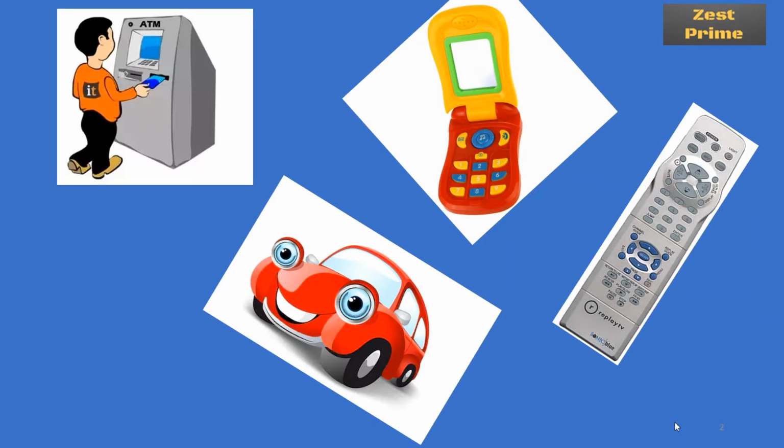Similarly, take another example, a remote. A remote has an interface where you can select the channels and control the volume. But how it really connects to your TV, what infrared rays it is using, is not required from an end user point of view. All those things are abstraction.